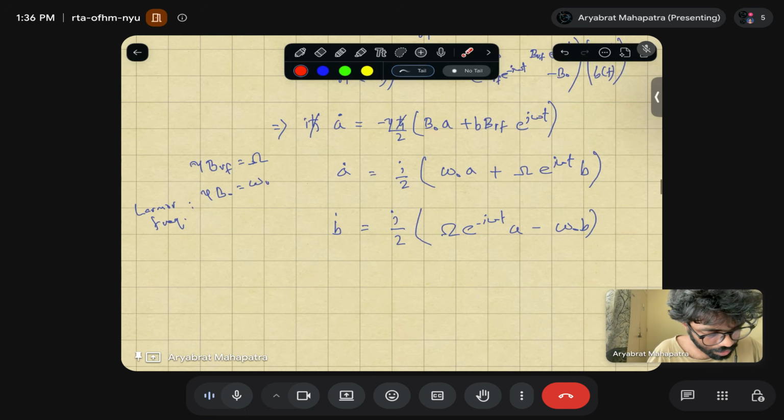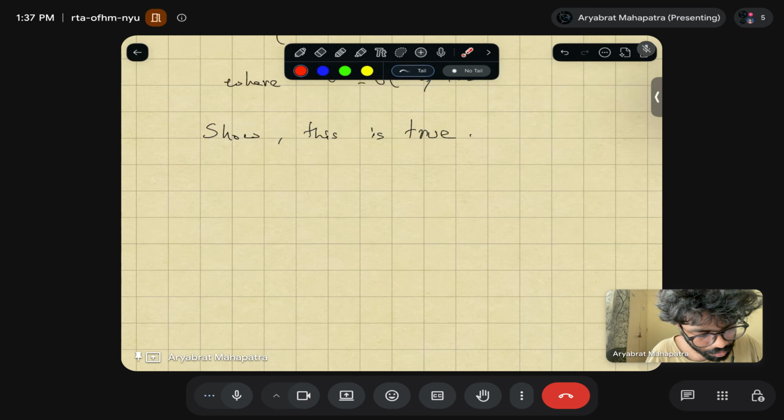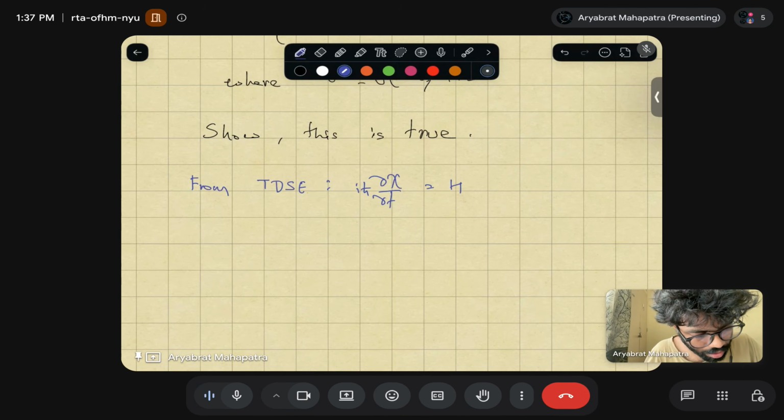So if we see the process, from the time dependent Schrodinger equation we can write i h bar del chi over del t equals H chi, right?